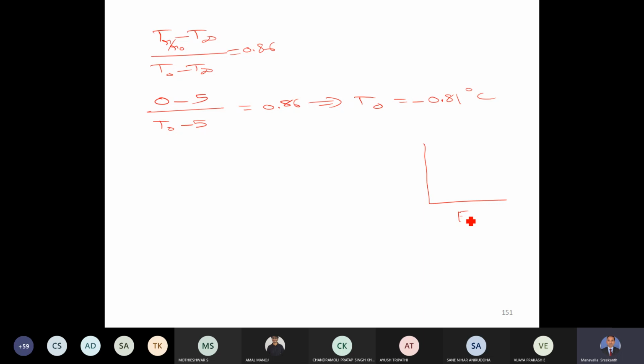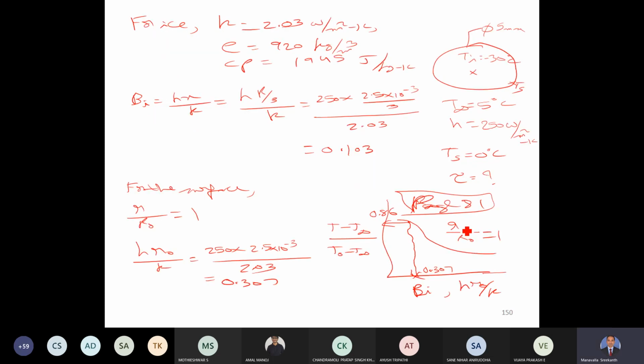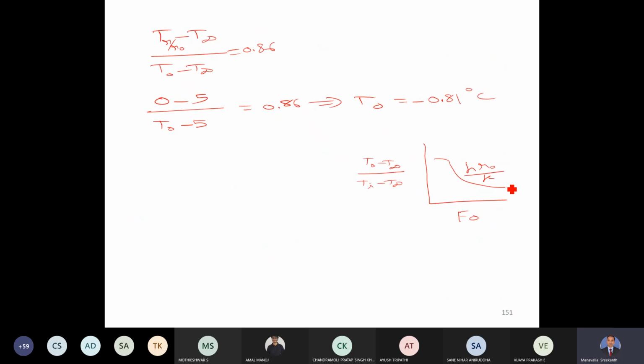On the x-axis, we have the Fourier number, and on the y-axis, we have T naught minus T infinity divided by Ti minus T infinity, and the parameter is h R naught by k. h R naught by k, we already know, is 0.307.